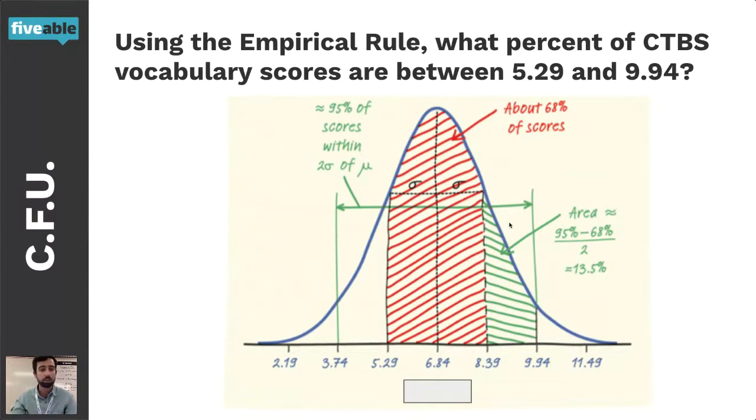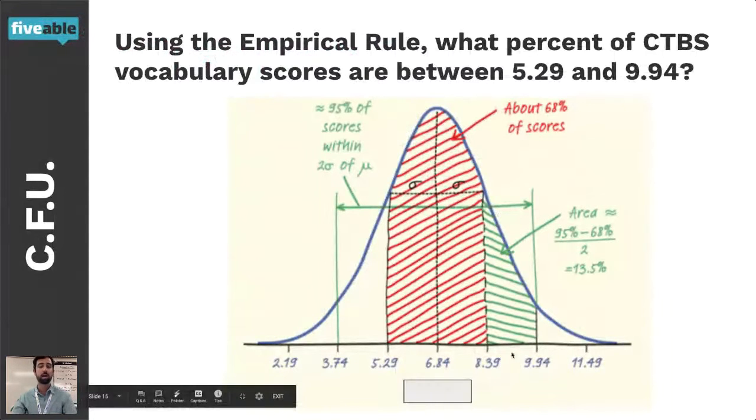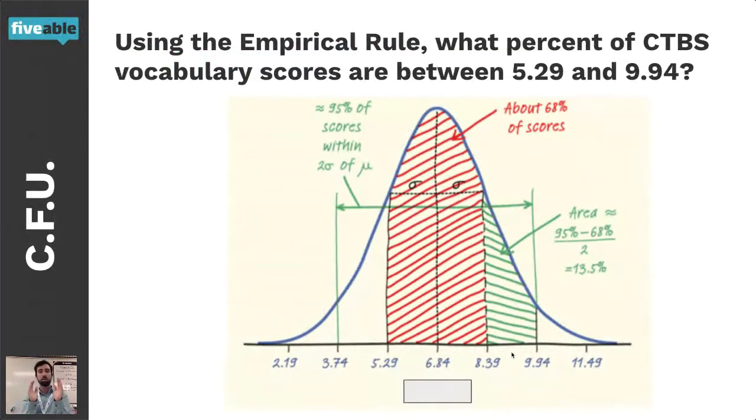Now take a look at this math on the right. 95, which is this whole area, 2 standard deviations out, minus 68 is going to give me just the area right here and right here, which is about 27%. So divide that by 2 to get one side of that, and then I'll add it to the 68. So between 5.29 and 9.94 is going to be that 68 from the center plus the extra 13.5 on the side.